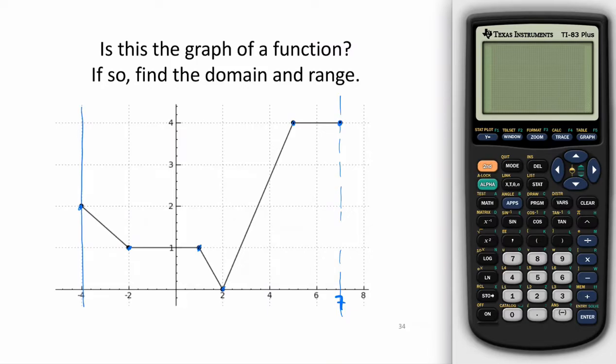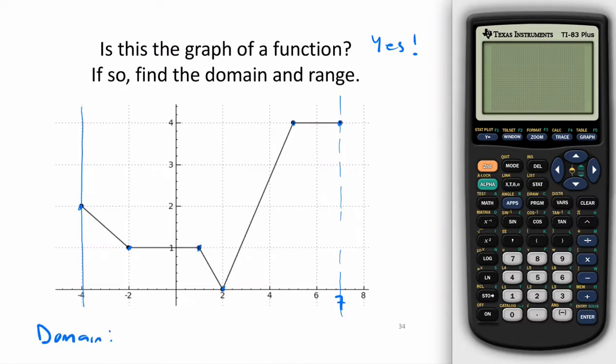So every vertical line between -4 and 7 intersects the graph exactly once. We pass the vertical line test. We can't find a vertical line that intersects the graph more than once. So this is the graph of a function. That answer is yes.